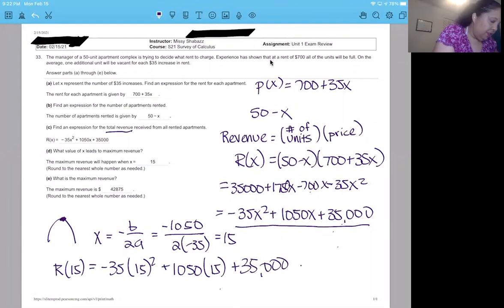So I have 15 squared times negative 35, which is negative 7,875, plus 1,050 times 15 plus 35,000, which is 50,750, and that is going to give me 42,875.